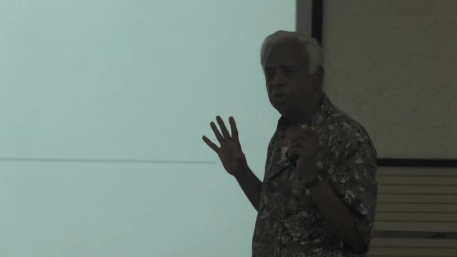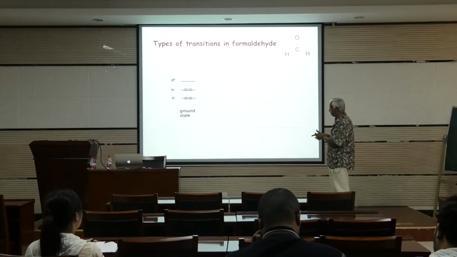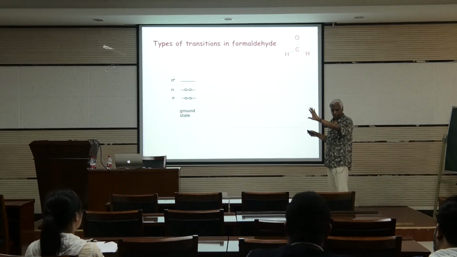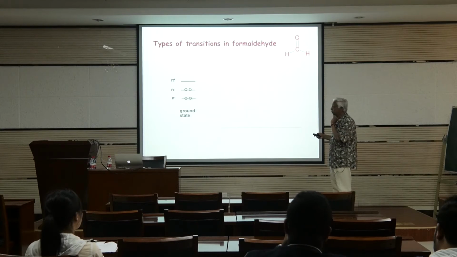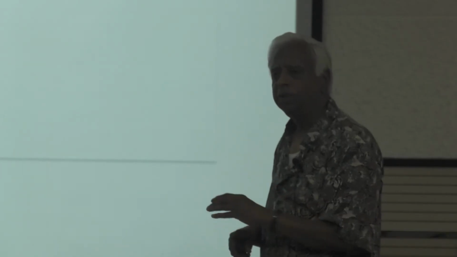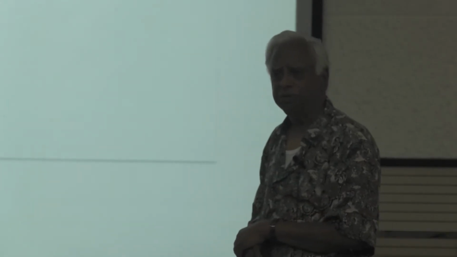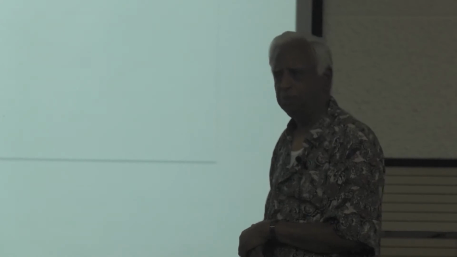Okay? So the electronic configuration we visualize for this molecule is going to have 2 electrons between the carbon and the oxygen, 2 electrons on the oxygen, which is less energetic, which is less held by the oxygen. So when the light comes, those electrons are the ones which are going to be interacting with the light. Now the question is, what happens when the light interacts with this molecule?